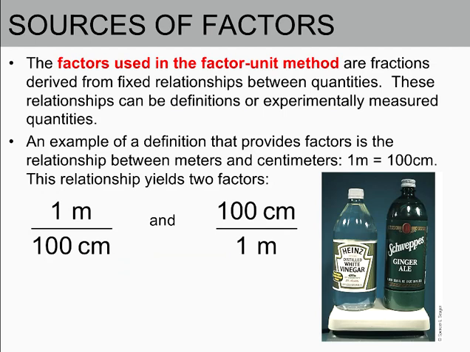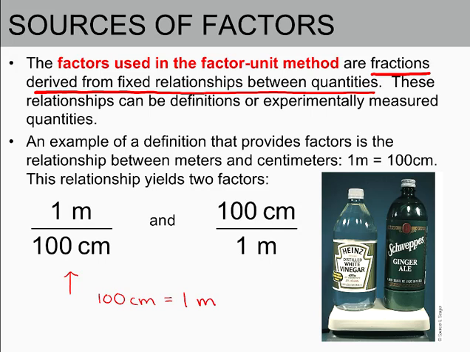But first, I wanted to go over sources of factors first. So the factors that are used in the factor unit method are equalities. So we could also consider those as fractions derived from fixed relationships between quantities. And so those relationships could be just definitions, or they could be experimentally measured quantities. So the example I keep using is this one down here, where 100 centimeters equals 1 meter.